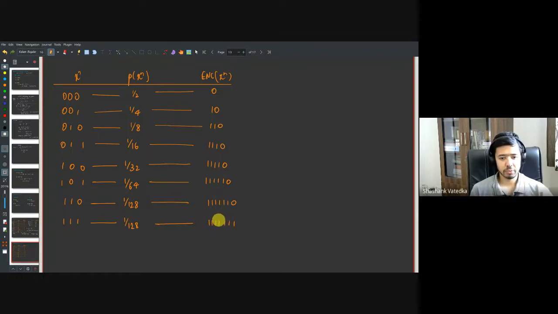There's an easier implementation for this, and it basically works in the following way. So if this is the first sequence, the second sequence, and the third sequence, and so on, what the encoder is going to do is that for the ith sequence, you are going to have i minus 1 ones, and then unless it is the last sequence, you are going to add 1, 0.